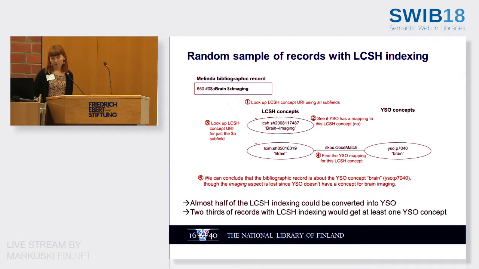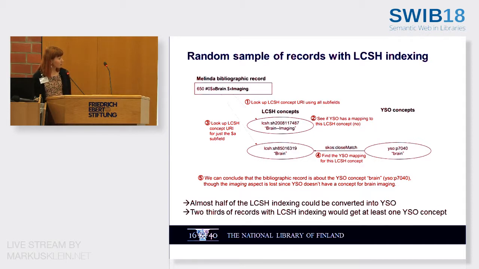Furthermore, when you don't look at the individual mappings, but more at the records that hold the mappings, we did a test where we took a random 1% sample of records from our metadata repository and extracted all the MARC 650 fields that held LCSH headings, looked up their URIs, and checked whether they had mappings to YSO.